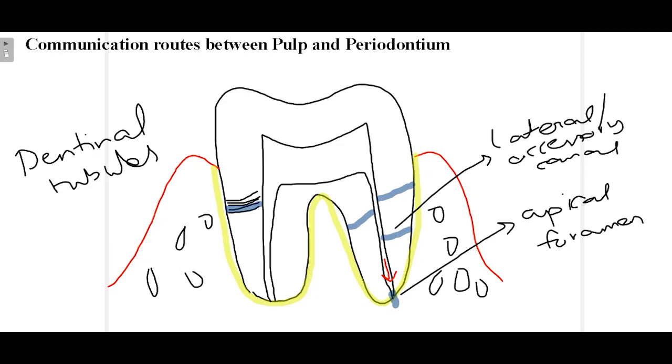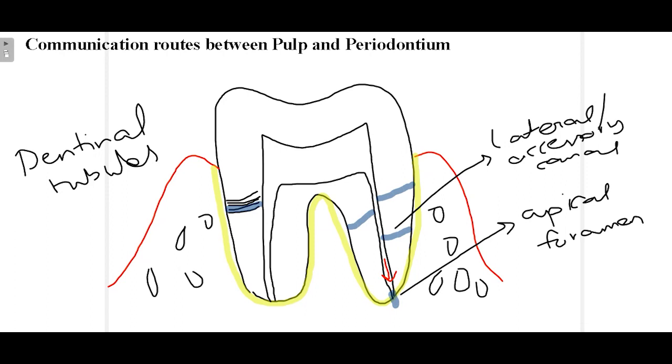And in more cases, for example in deep curettage, the cementum is thinned more than it should be, so this also exposes the dentinal tubules and provides a route through which the bacteria invade the pulp.